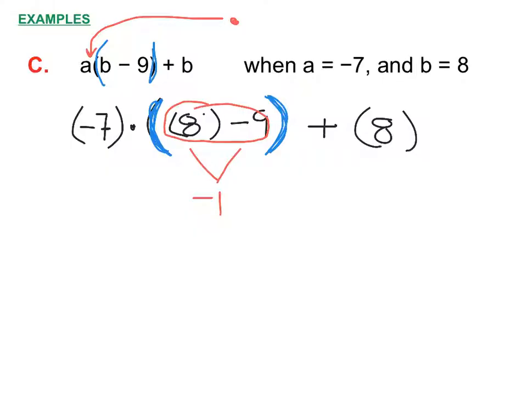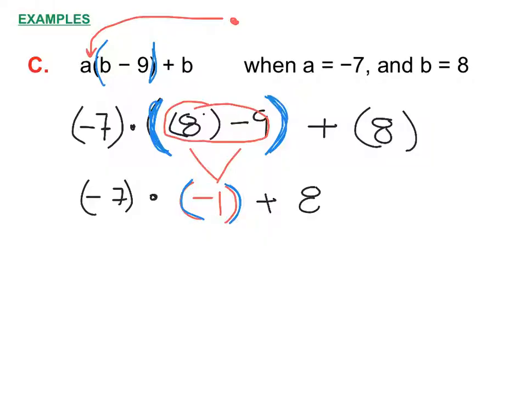And that set of parentheses kind of protects it, and then we bring down everything we haven't used yet. So the multiplication, the negative 7, plus, and we don't really need a set of parentheses around that 8 because it's not a negative, so we can just go positive 8.